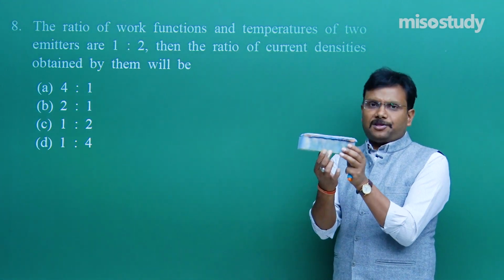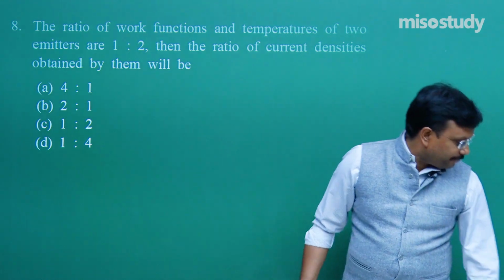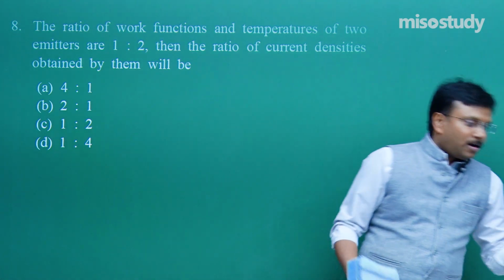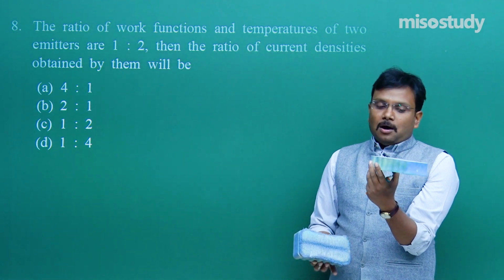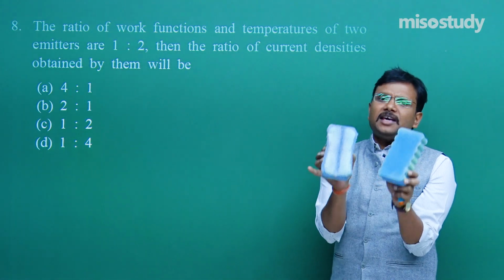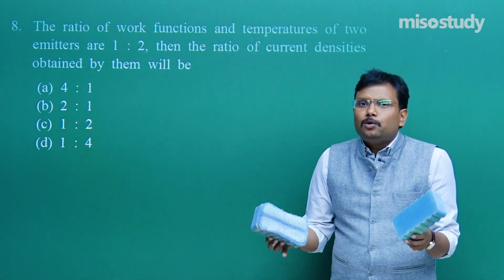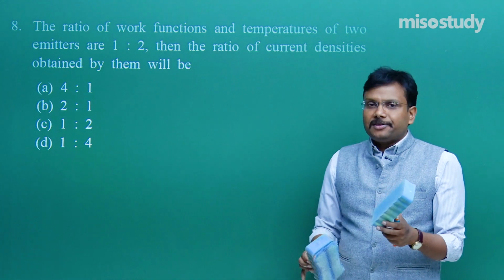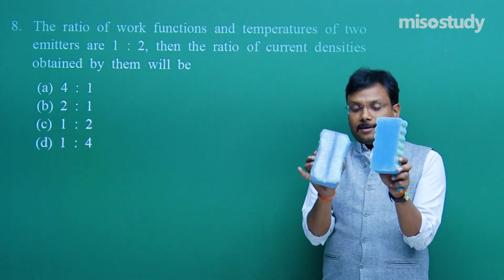Let us say I have this surface, one surface, and I have another surface, like this. Obviously thermionic emission is the idea over here, but we do not want to go into those details. A simple formula is there that I would like to mention, but just for a second listen.